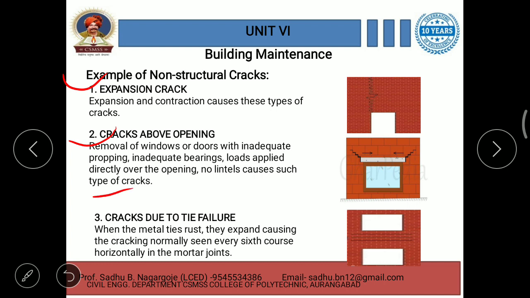In the absence of a lintel, such cracks might be there, in the case of a wall. Then cracks due to tie failure. When the metal ties rust, they expand, causing cracking normally seen evenly every sixth course horizontally in the mortar joints. These are some practical examples of non-structural cracks.